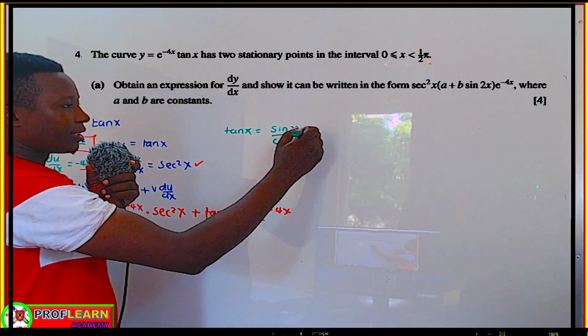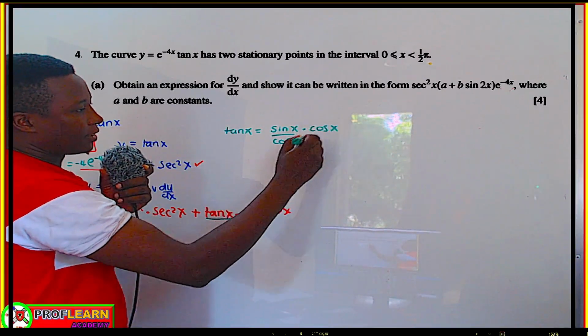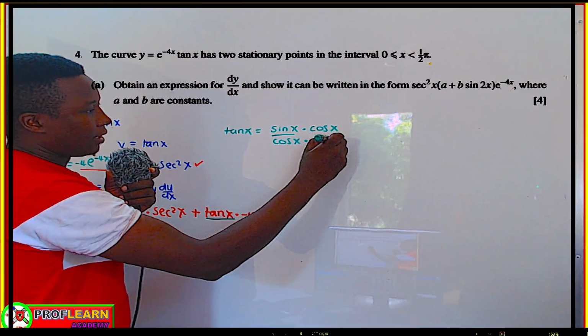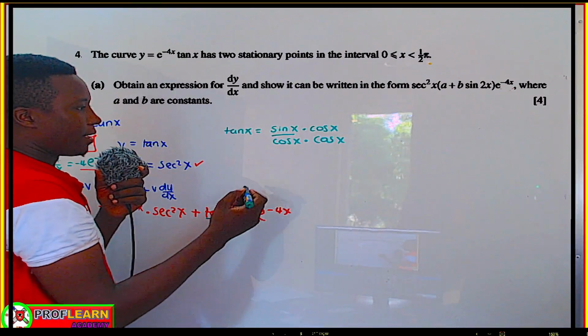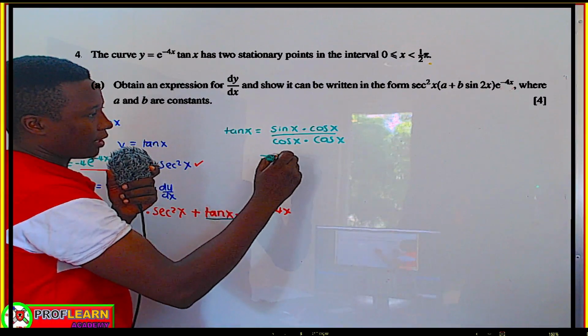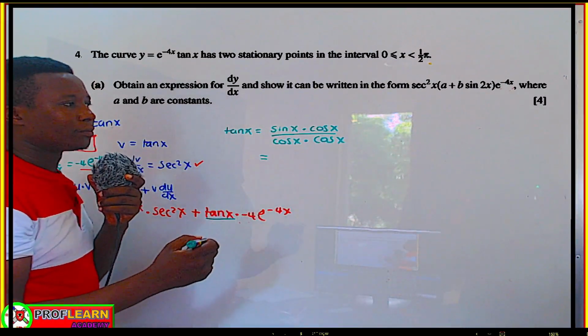So for me to get sine 2x, I need to have cos x here. Then since I've introduced cos there, I'll also say cos x, because that effect now has nothing.